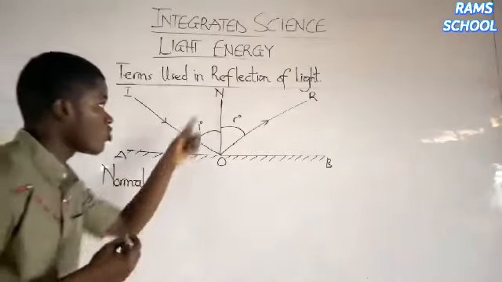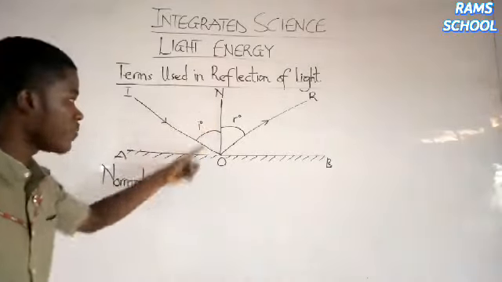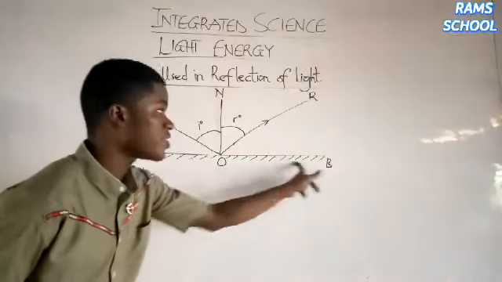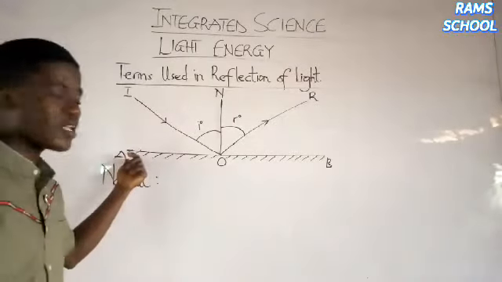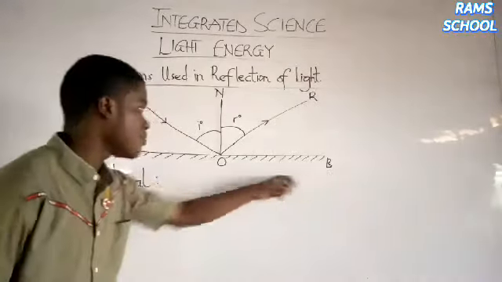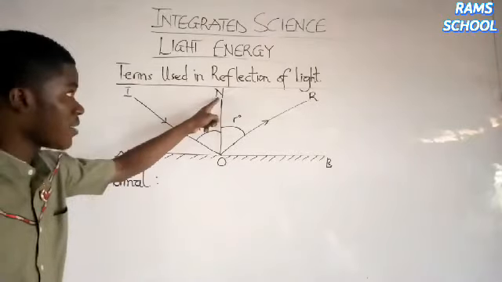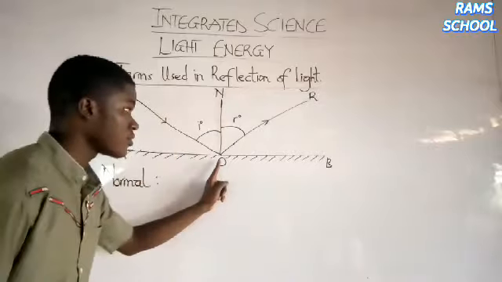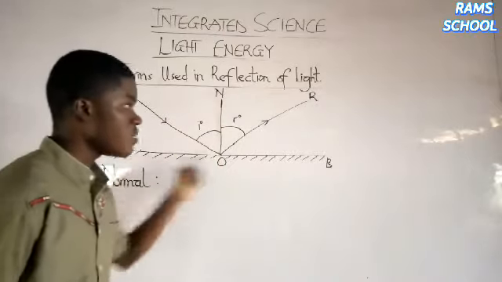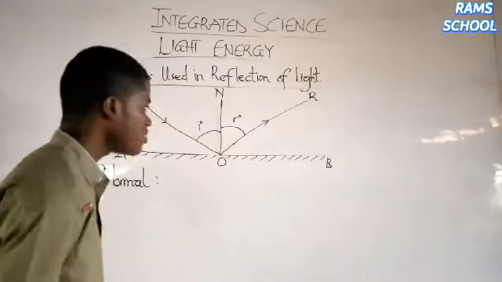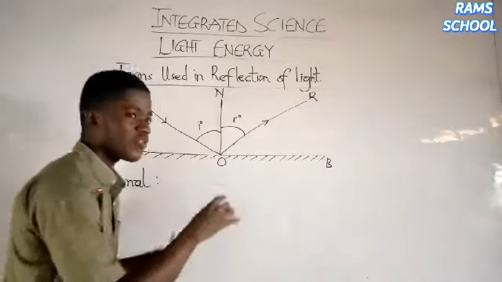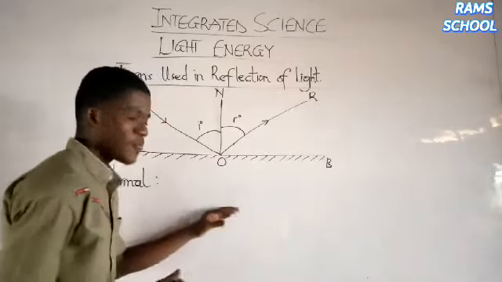The normal is the line that is perpendicular to the plane surface, which is represented by line AB. That's the plane mirror or the plane surface. So this N, the normal, is perpendicular to the line AB. When you say something is perpendicular, it means that it makes an angle of 90 degrees with a particular surface.